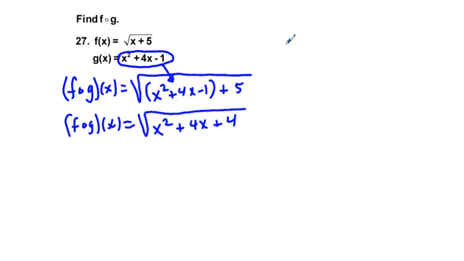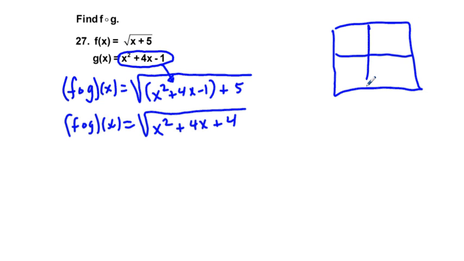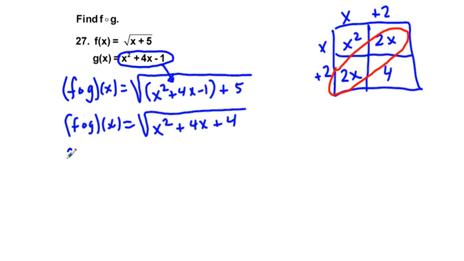What we have here is a perfect square, meaning that if we have x plus 2, we're going to get x squared and 2x, and 2 times 2 is 4. So taking the square root of this quantity here, f of g of x is equal to x plus 2.